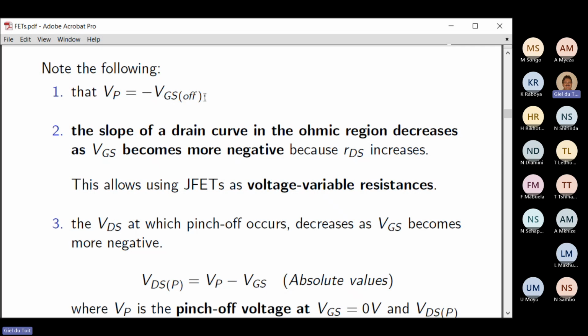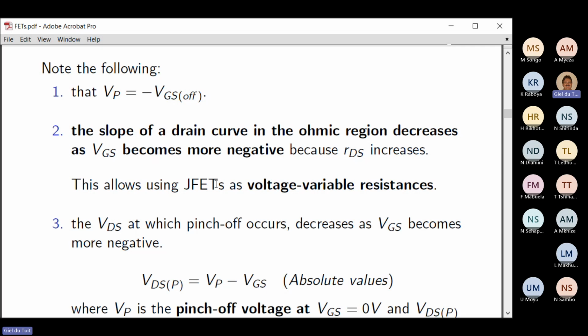Right, the slope of a drain curve in the ohmic region decreases as V gate source becomes more negative. So the voltage becomes more negative, the drain source resistance will increase.